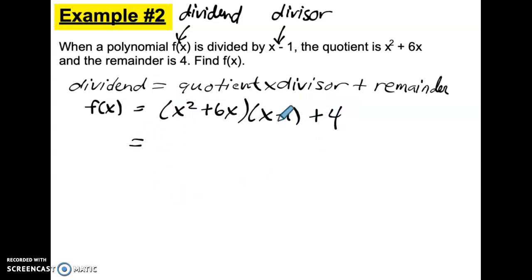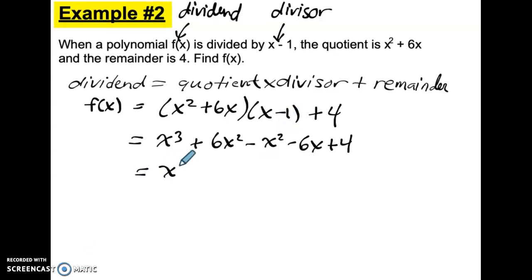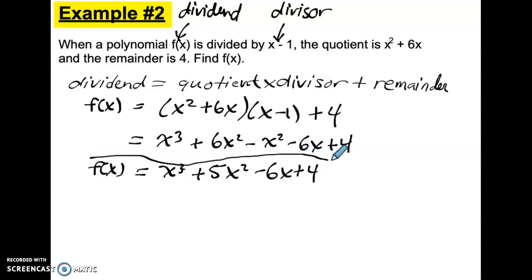Okay. And then if we expand this out and simplify, we get that f of x is equal to x cubed plus 5x squared minus 6x plus 4. Okay, and there is our polynomial.